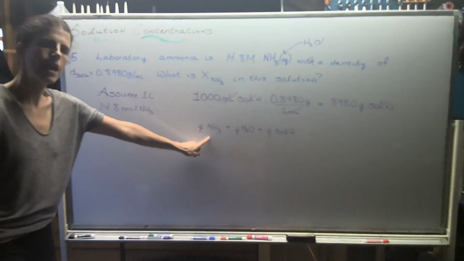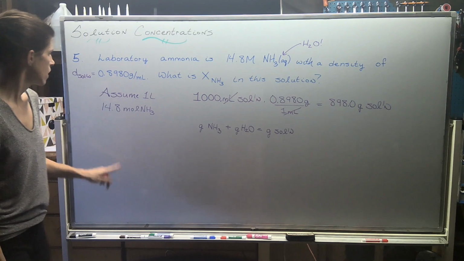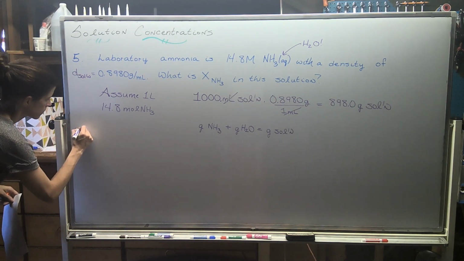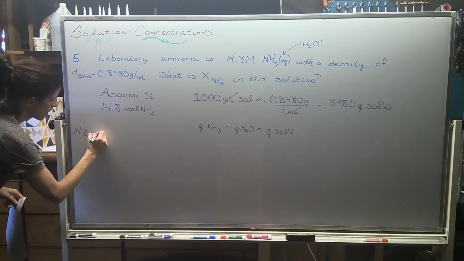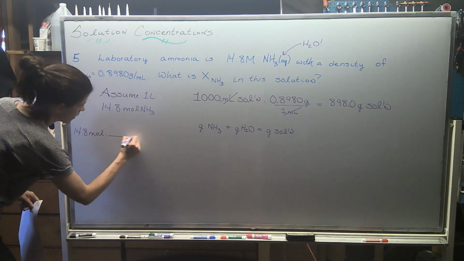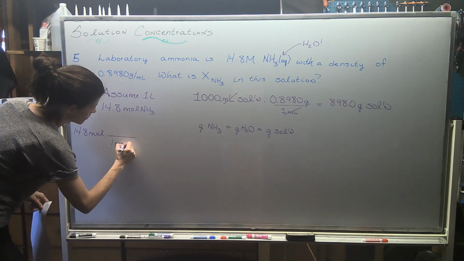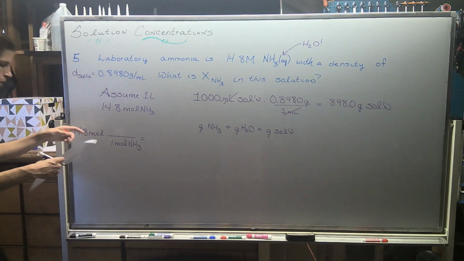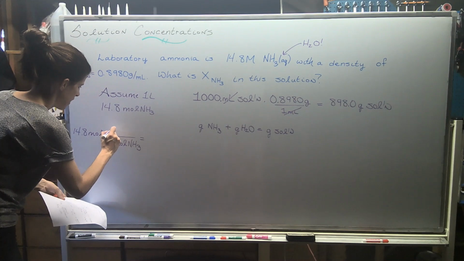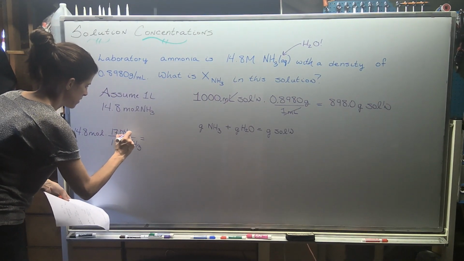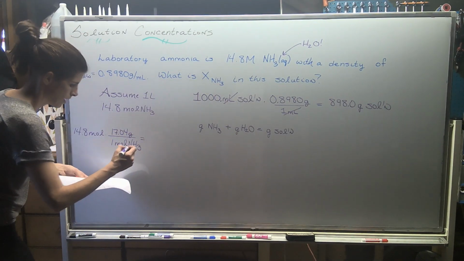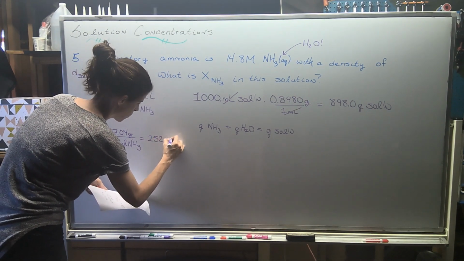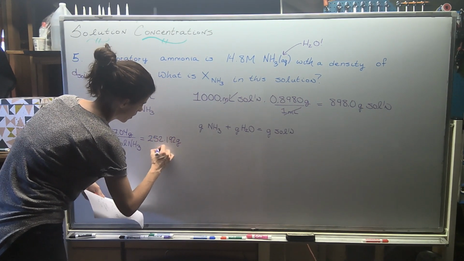and in a way I have the grams of ammonia, right? I know how many moles of ammonia I have, and I can calculate the molar mass of ammonia. And from that, I can determine that I have 252.192 grams of ammonia.